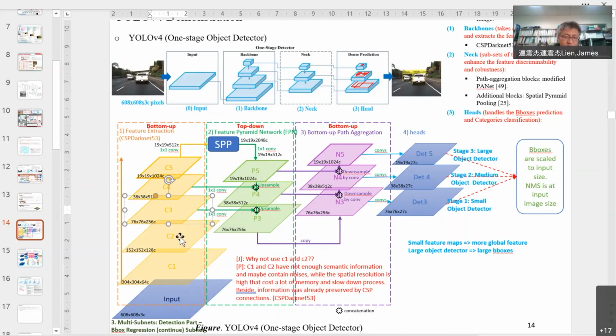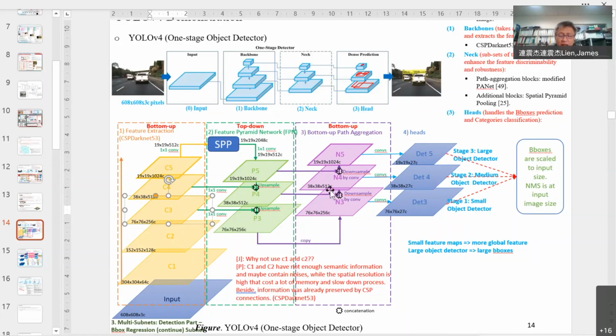So this information is closer to the raw data compared with this one, because P3, P4, P5 basically get their information from C5 through upsampling. So they say, why not use the original information here, close to this one?